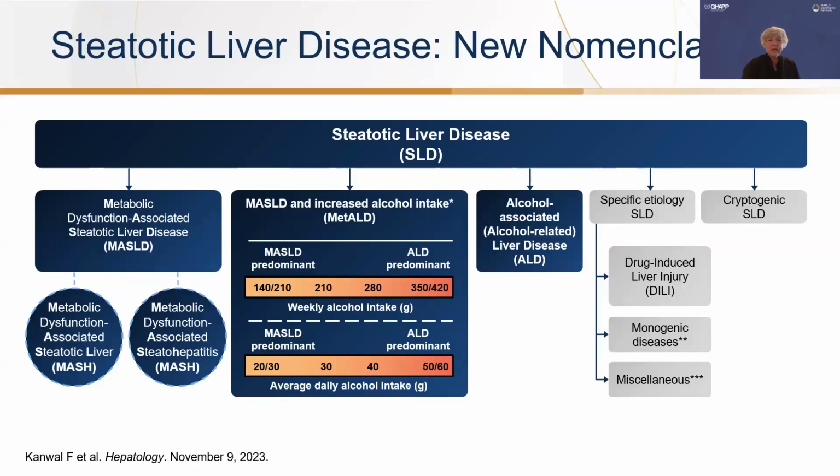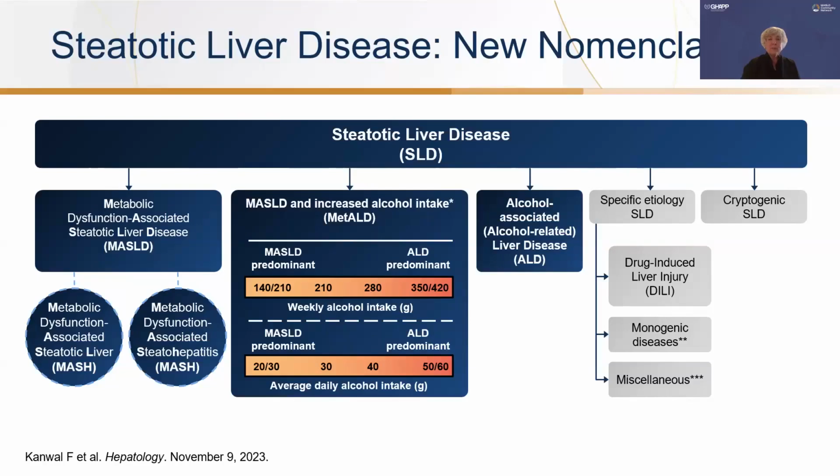And then we move over towards the right, and we see that there's MASLD and increased alcohol intake, and we call that MetALD. And what's really interesting, at least I found it quite interesting, is that when we're looking at alcohol usage in our patients, 6 ounces is actually the equivalent of 170 grams.